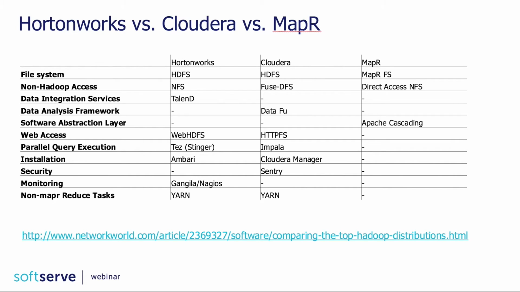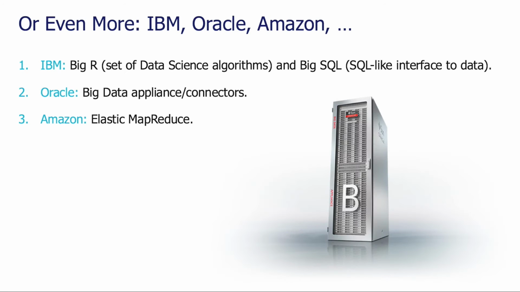So as you can see, picking a distribution of Hadoop is not just a political decision. It should also always involve technical trade-offs. Data science engineers should at least know the high-priority list of differences between distributions to be able to say which one better suits the current data science project. And even more, picking a Hadoop vendor can be tough, because nowadays IBM, Oracle, Amazon and many other companies have their own distribution of Hadoop, right?